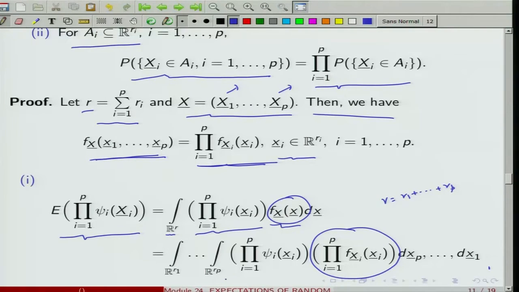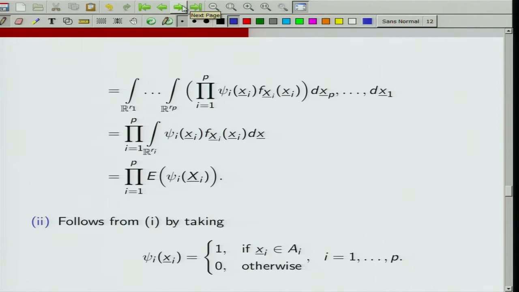So, now we are in a position to break these integrals. I can make it psi_1(x1) f_X1(x1), then the integral of psi_2(x2) f_X2(x2), and so on. First I write them like this, and then these can be integrated out separately, because these variables have been separated out.